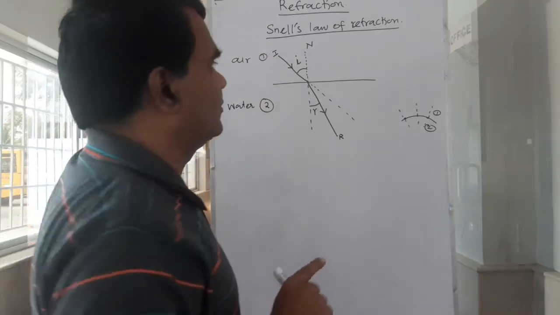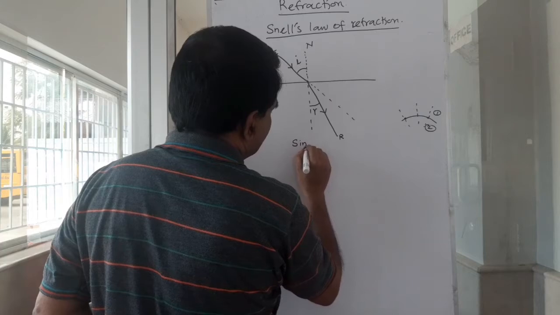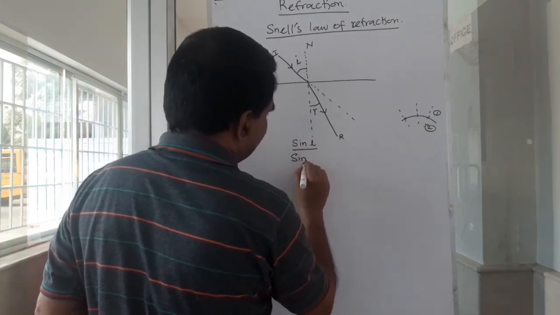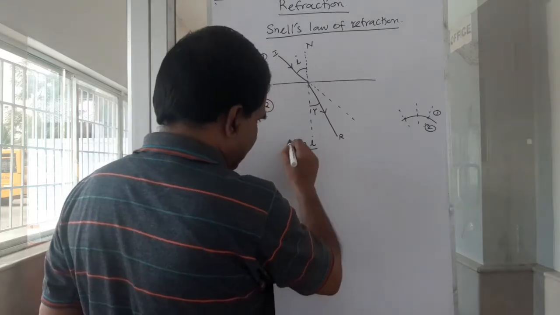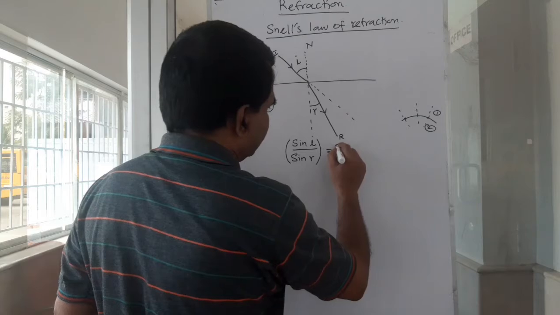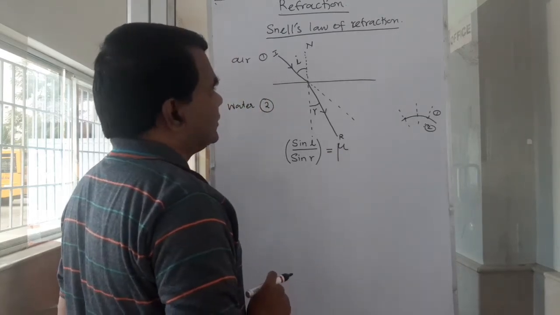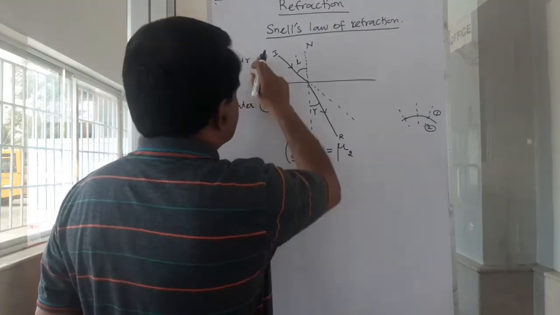If I change I, R will also change. But he said that the ratio of the sine of the incident angle and the sine of the angle of refraction is always a constant for these two mediums. This you call the refractive index of 2 with respect to 1.